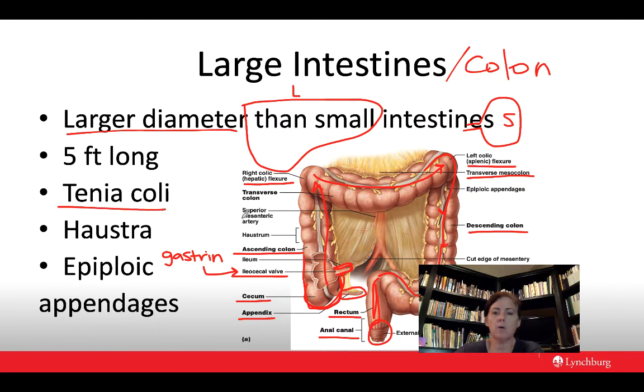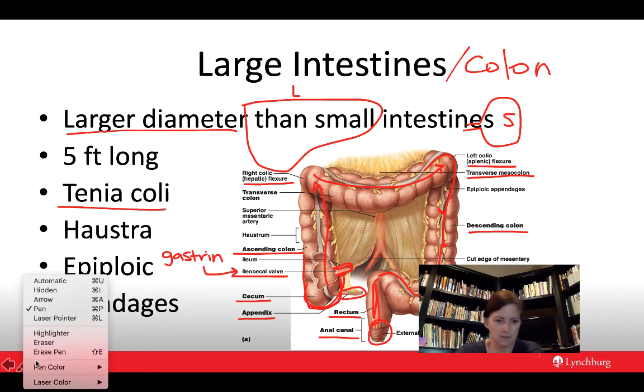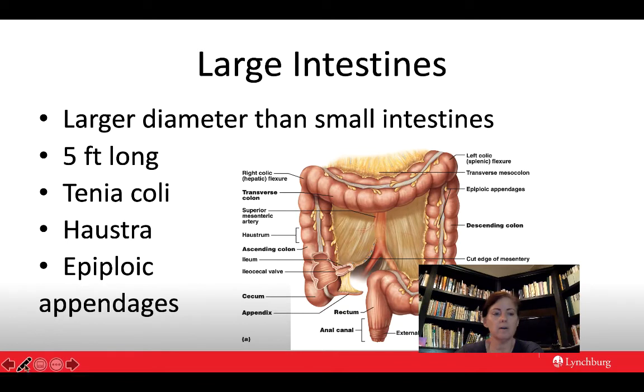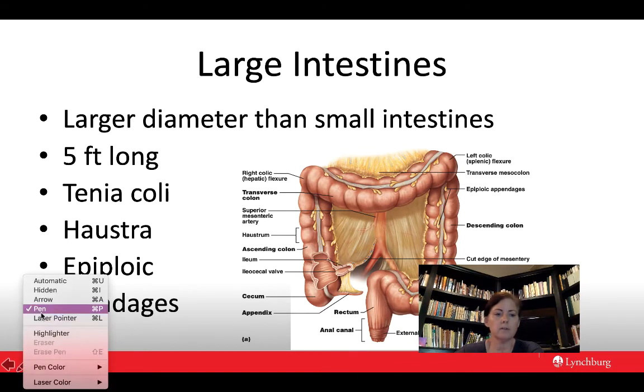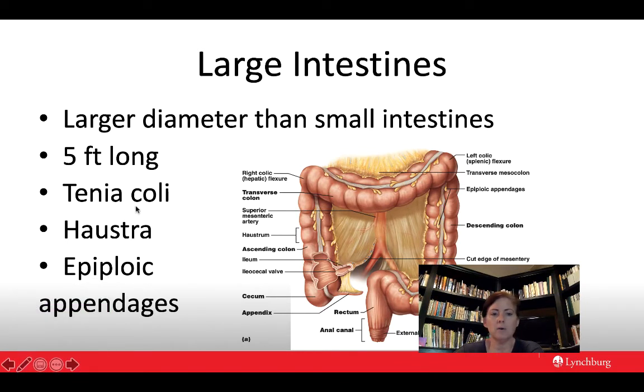This Tinea coli. If you look at this image, actually let me see if I can get rid of all of that. There we go. Okay, so we'll kind of start over again. This Tinea coli.